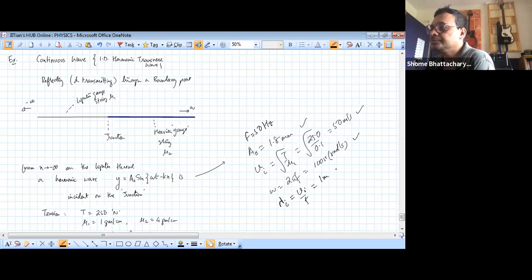And k is equal to omega by v, which is 2 pi radians per meter. So this is the property of the incident wave.